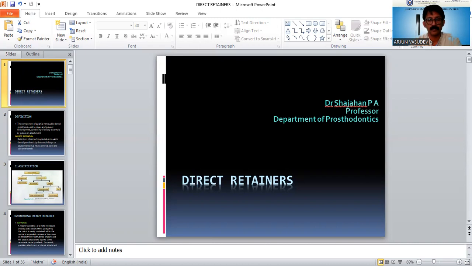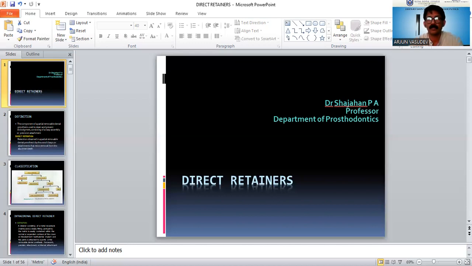Okay, so the direct retainers, as we discussed, are the main retentive components of a cast partial denture, and they are mainly divided into extracoronal and intracoronal. Intracoronal retainers are otherwise known as precision attachments or key and keyway.